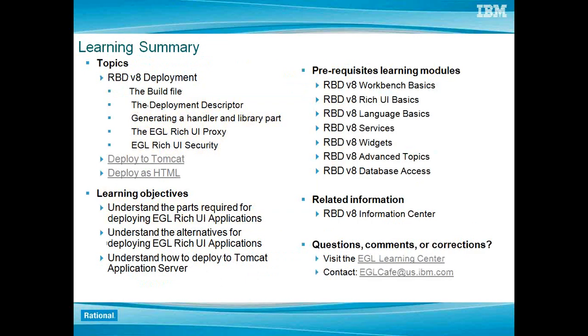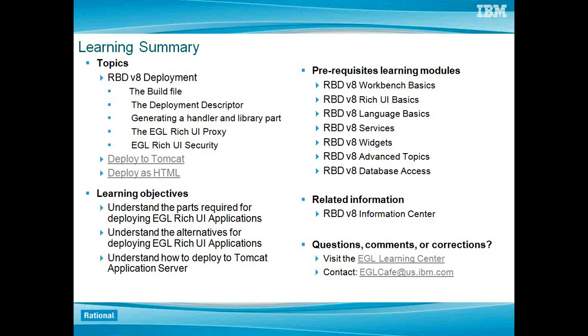Now, these are the topics that we are going to cover in this deployment section. We will be seeing what the build files are. As we have already learned about the build files, we will be seeing through the build files what are the parameters that we have to configure through which we will be deploying our HUI handlers, libraries, or services.